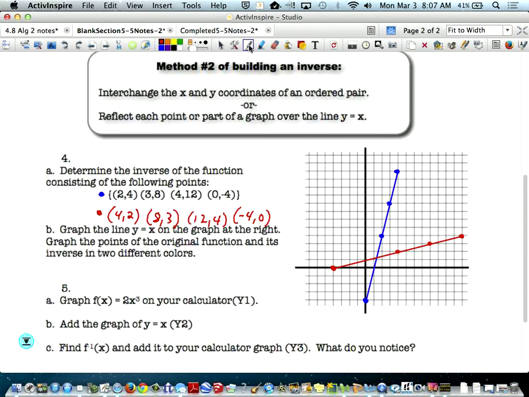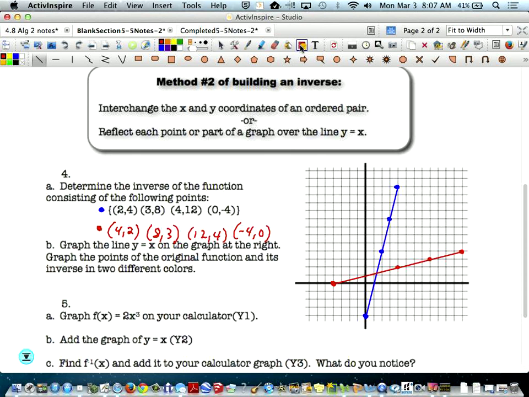Any questions on how we drew that inverse? Now it's telling you graph the y equals x line. So if I go back, I'm going to put it in yellow.